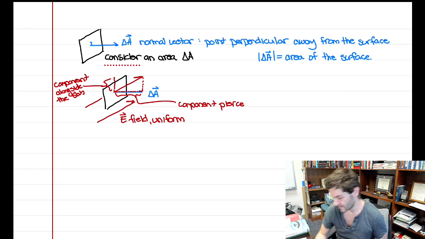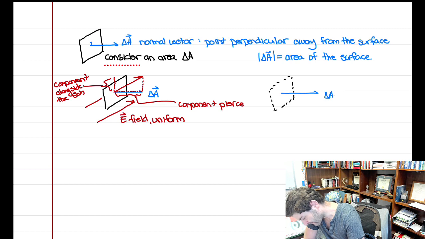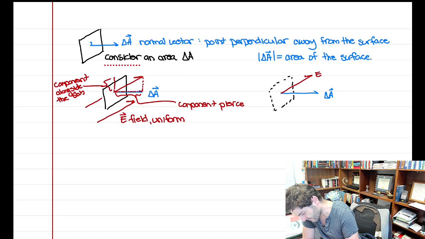So, it seems like really, if I were to go look at this drawing, we had the slab itself, which now I'm not really caring too much about. I had a normal vector which pointed this way. Then I had an electric field that pointed this way.